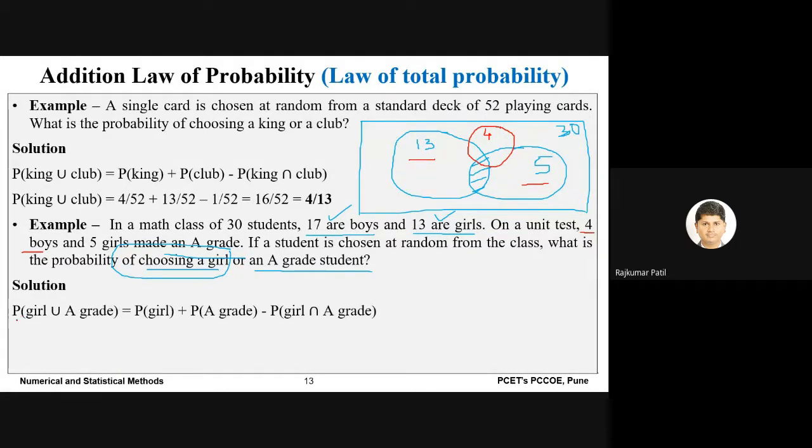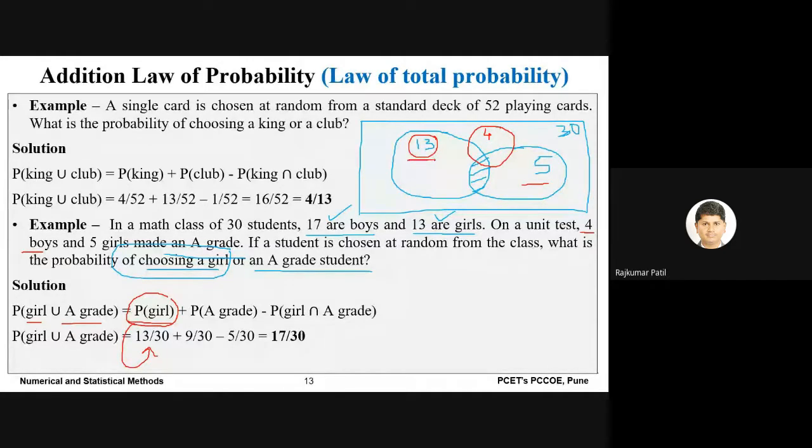So probability of getting a student who is a girl or with A grade. That's why P, probability of girl union A grade, is equal to probability of, what is the probability that the student is a girl? The answer we can say is 13 by 30.